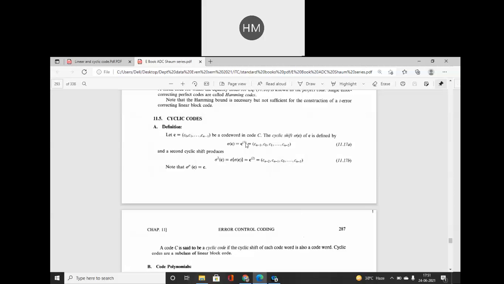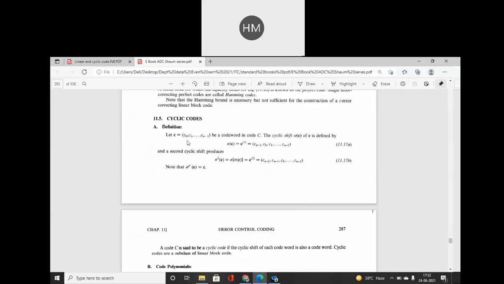So students, please write down this definition of cyclic codes, which is there on your screen. Cyclic codes definition: let C be equal to this. You can write C0, C1 till Cn minus 1, be a code word in code C. The cyclic shift is shown by sigma C, which is defined as follows.